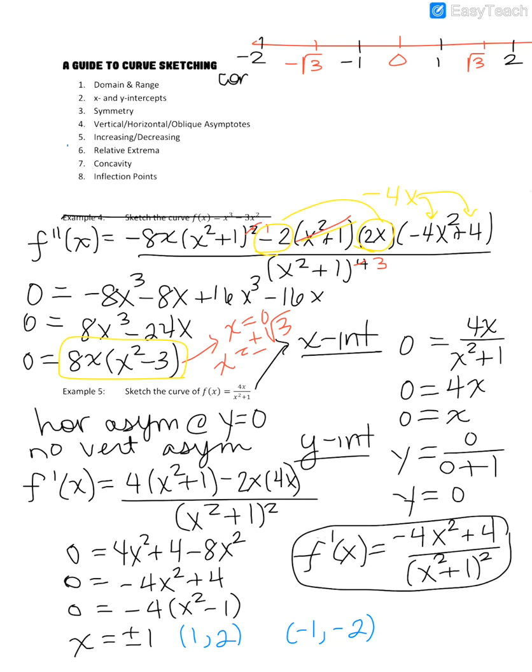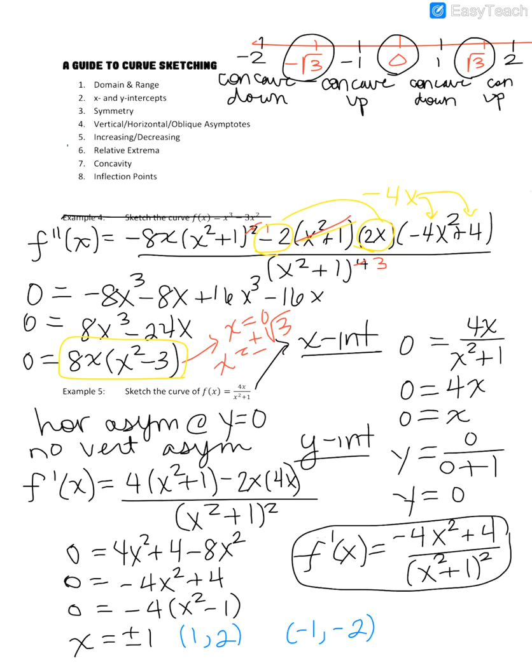So at this point, we are concave down. -1 is going to give me a positive, so that is concave up. Here, 1 gives me a negative, so concave down. And then at 2, I get a positive, concave up. That means these are going to be inflection points.